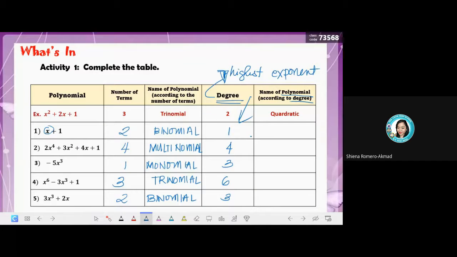Linear, correct. Paano naman pag 4? O, ang bilis, oh. Quartic. How about dun sa 3? Quartic, quarts, quarter, that's 4. Meaning of that is 4. So, di kayo malilito. Tama yung answer ninyo. The answer is cubic.